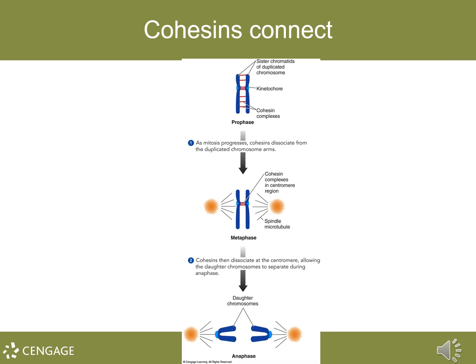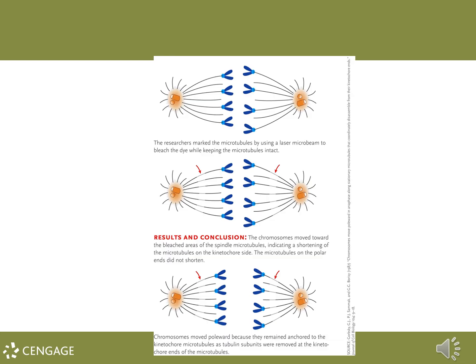There have also been experiments done to determine how chromosomes are transported towards the spindle poles during anaphase. What they did was use photobleaching. They marked the microtubules using a little laser microbeam that bleached the dye but kept the microtubules intact. You can see that the chromosomes are lined up.